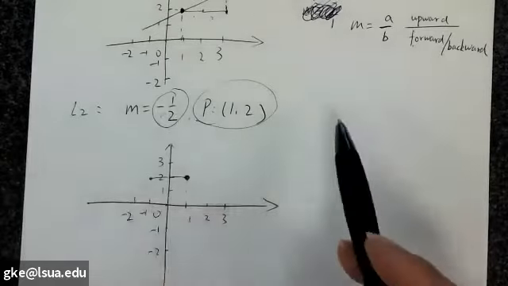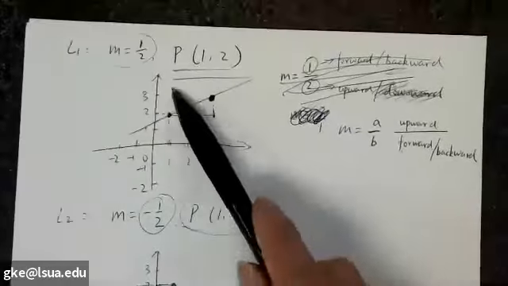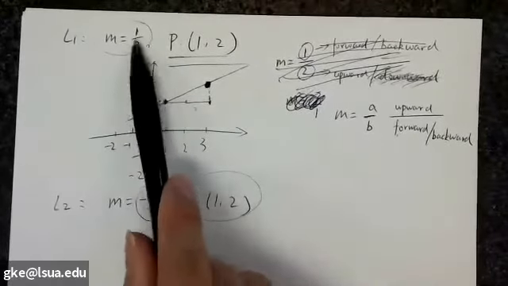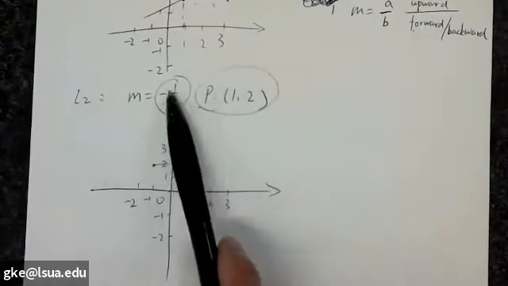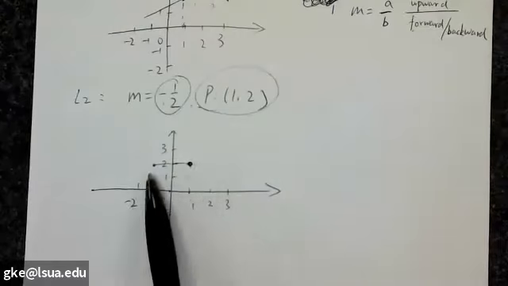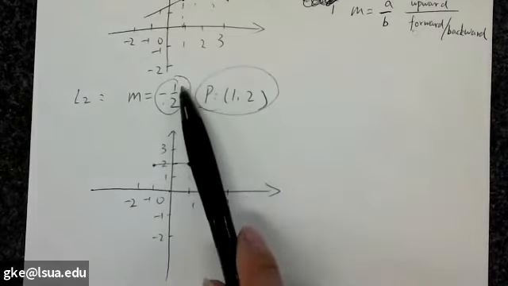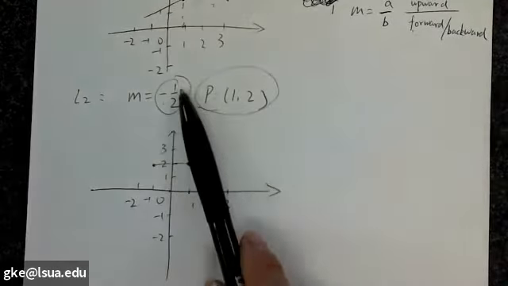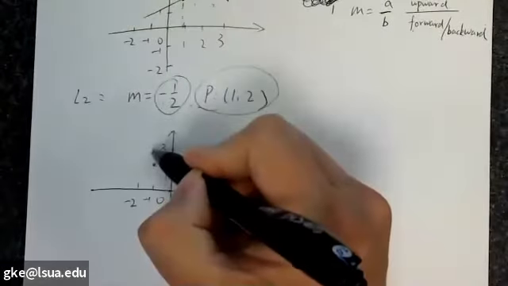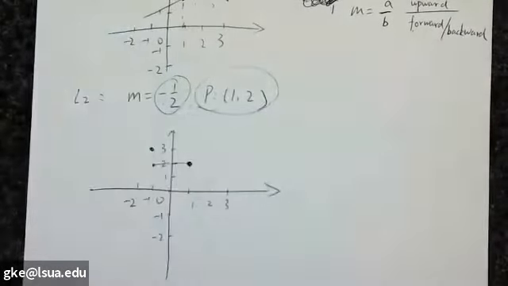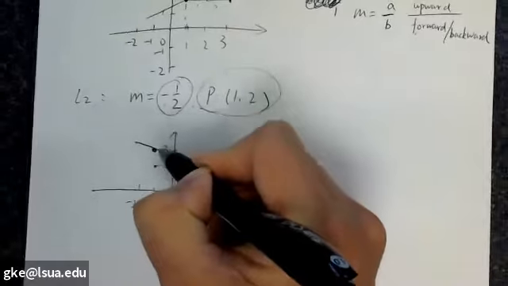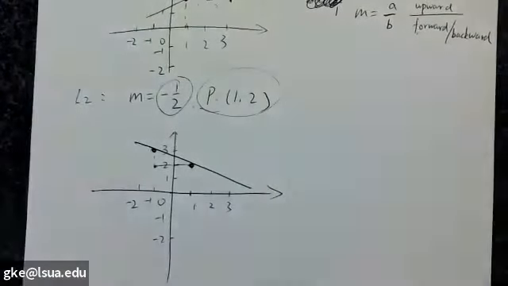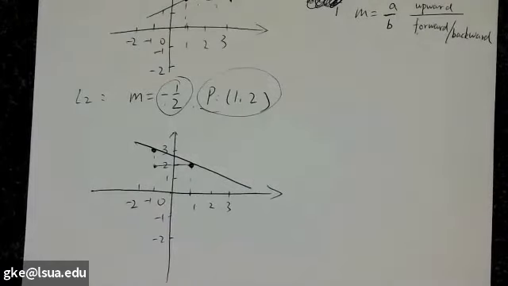If it's positive, we move forward 2 units. However, here it is negative, so we move backwards 2 units, and we move 1 unit upward. It's here, right? And then we connect these 2 points, and that is the line.